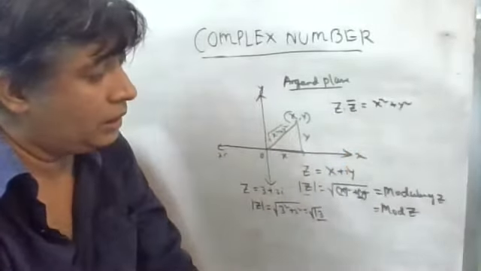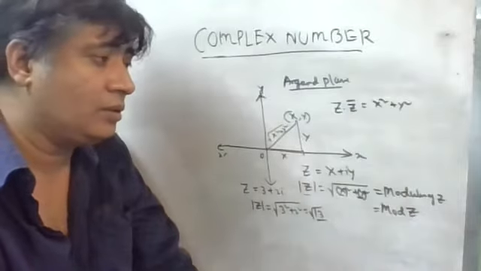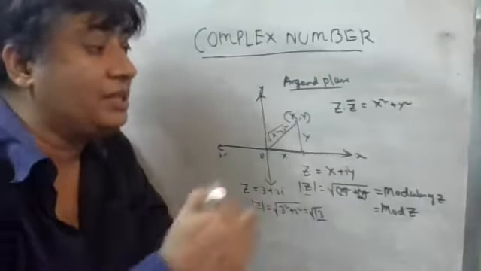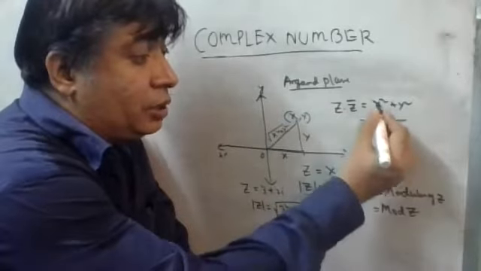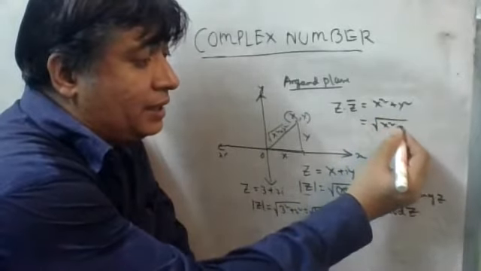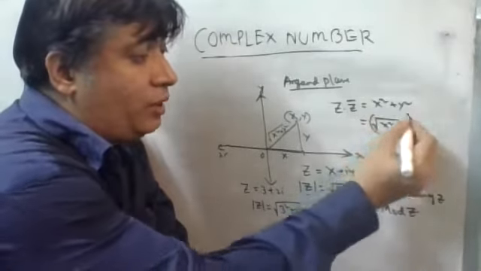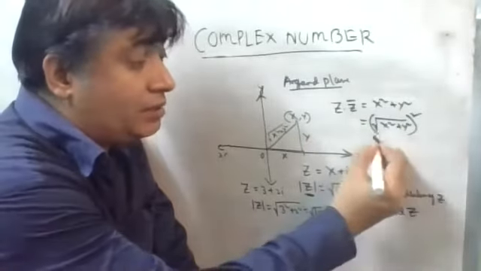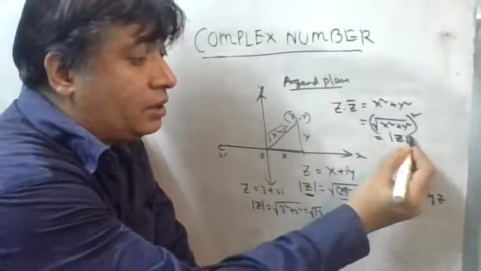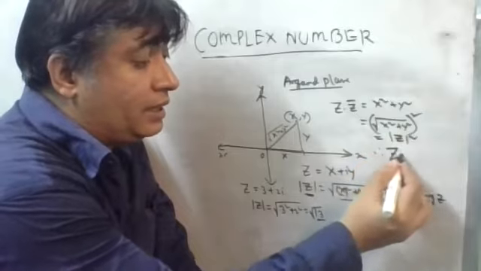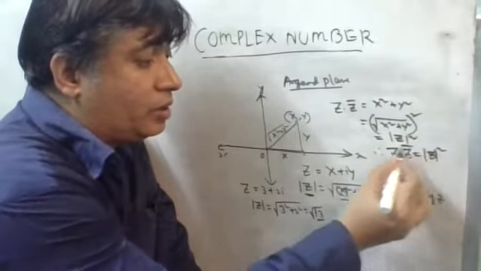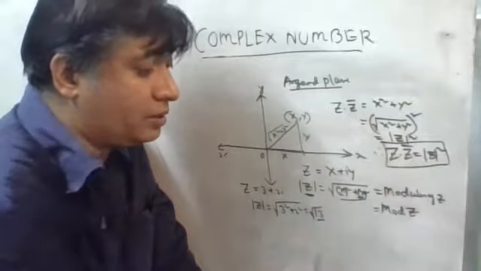So, from the basic concept of the yesteryears, we can write x square plus y square as root x square plus y square whole square. And just now we have come to know this is nothing but mod z. So z into z bar is nothing but mod z whole square.